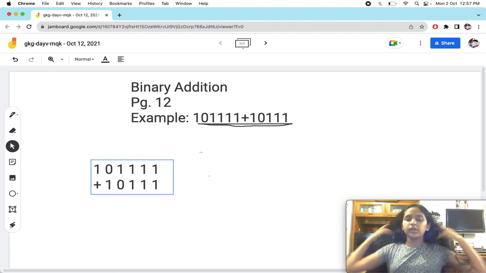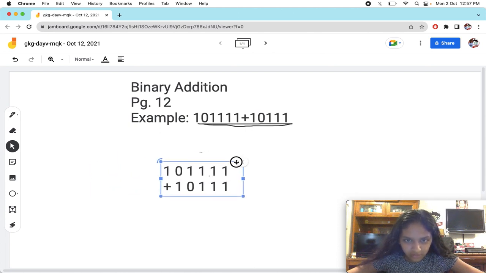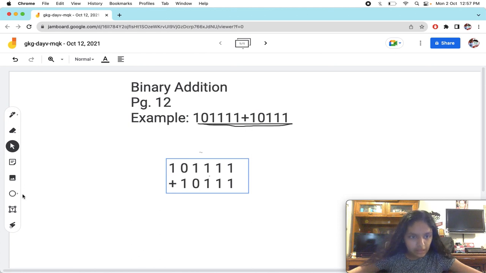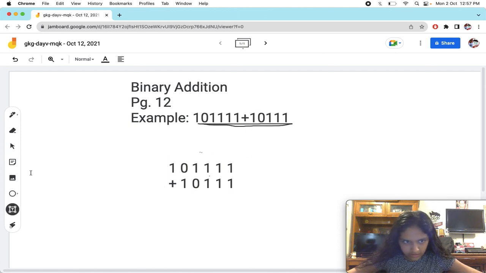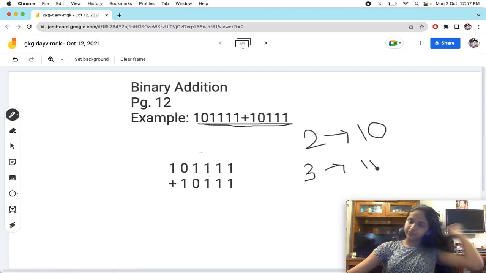Is this correct? Yeah, now it's correct. No need to worry, guys. I'm going to place it in the middle. Before we start, we write that 2 is equal to 1 0 in binary, and 3 is equal to 1 1 in binary.